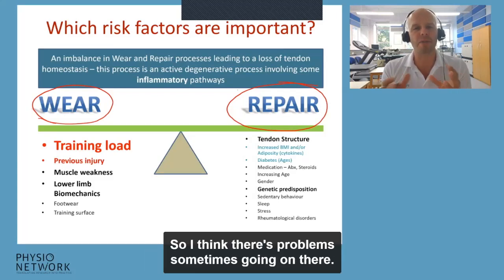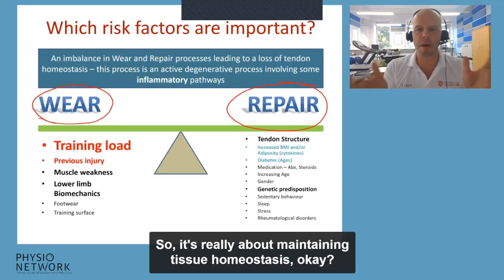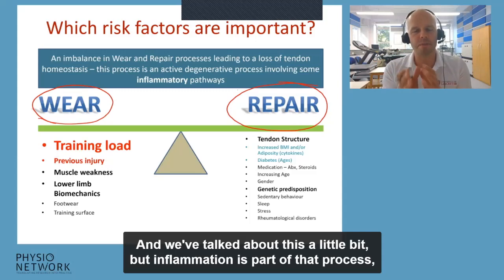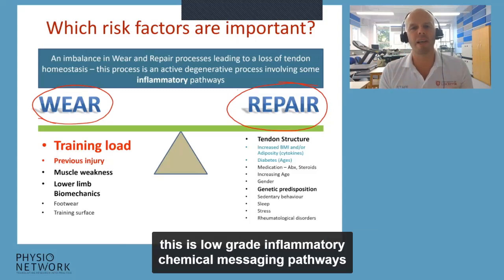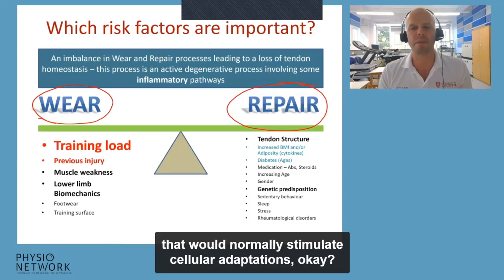So I think there's problems sometimes going on there. So it's really about maintaining tissue homeostasis, okay? And we've talked about this a little bit, but inflammation is part of that process. This is low-grade inflammatory chemical messaging pathways that would normally stimulate cellular adaptations, okay?